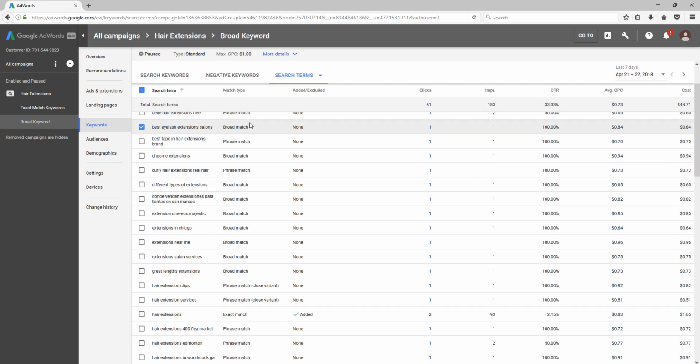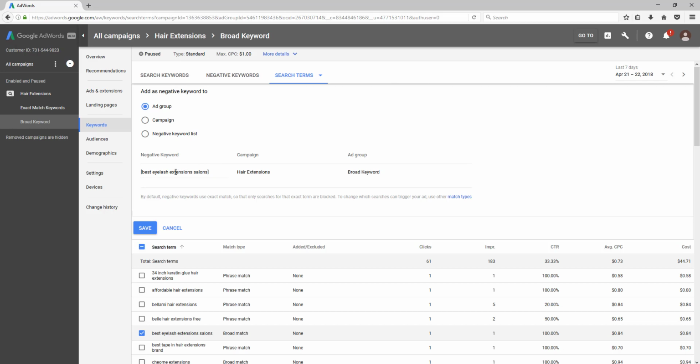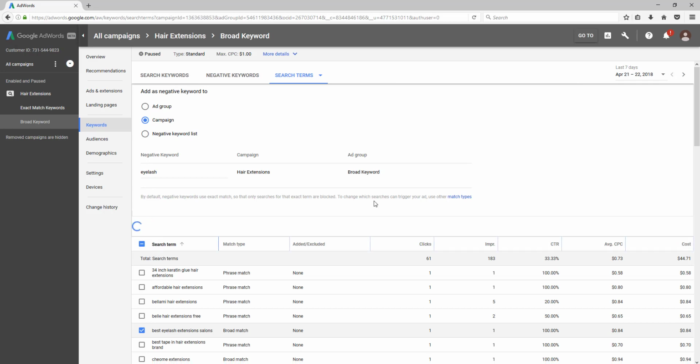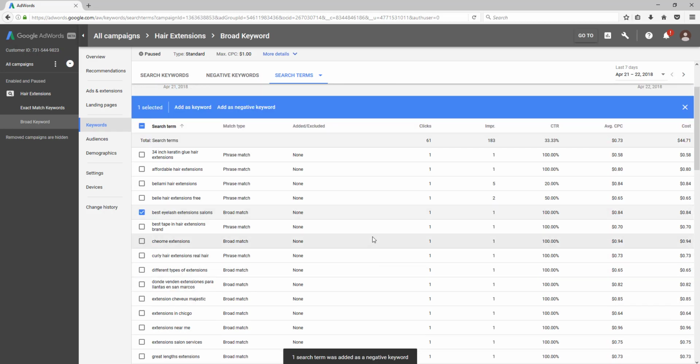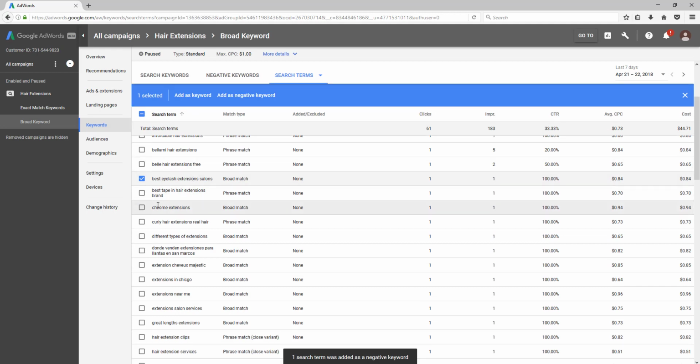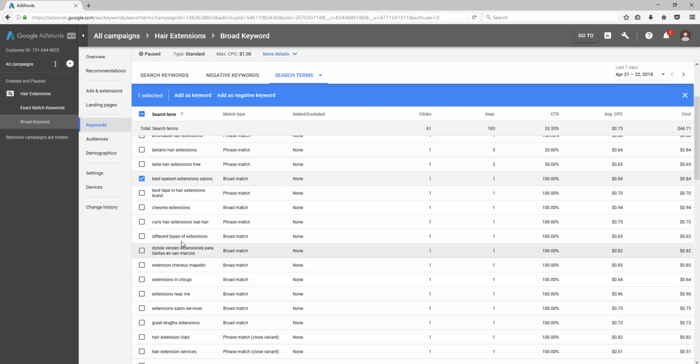So one thing I could do is add that as a negative keyword, and instead of exact matching it, I don't want any form of eyelashes to come up, so I am going to make eyelash a negative keyword at the campaign level. Anytime anybody does anything with eyelash, I do not want it to show up in my account in the future. So pretty much I'm going to go through just like this: not relevant, not relevant, not relevant.